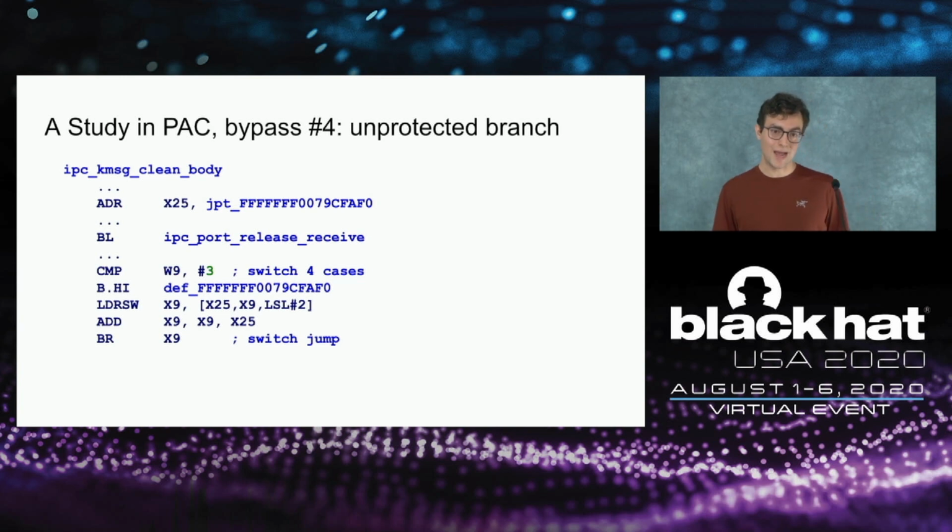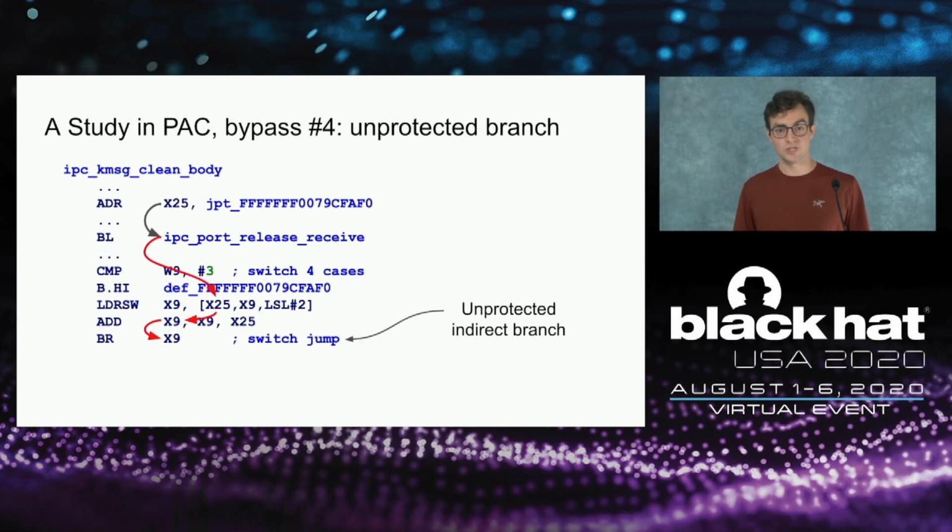So here's this kernel function, ipc_kmsg_clean_body, and it has a switch statement in it. And what you'll notice is that it's loading the jump table for this switch statement in register X25. And then if you trace the flow of this register, eventually it loads the jump target into register X9 and then executes this unprotected branch instruction through register X9.